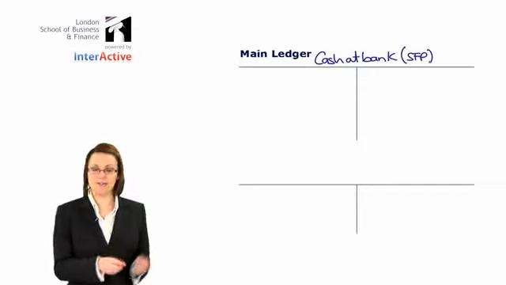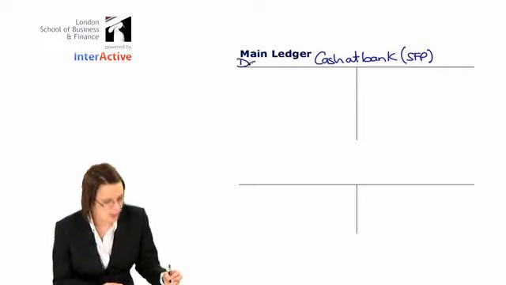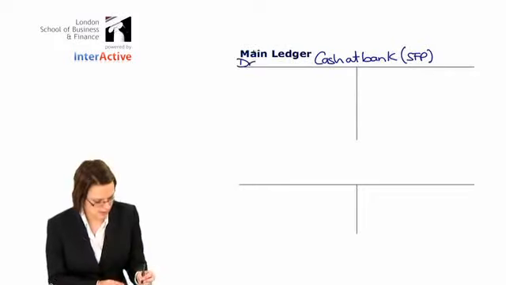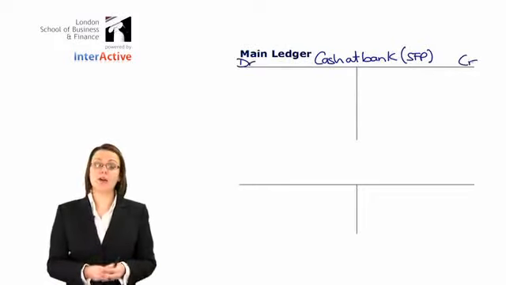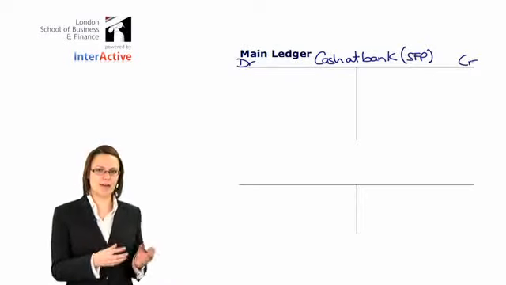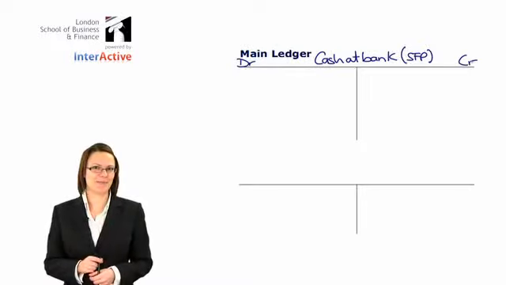Remember, debit on the left, credit on the right. So, on the left-hand side at the top of the account, we put DR, debit. And then on the right-hand side, we're going to put CR, credit. So, debit and credit, drive on the left, crash on the right.